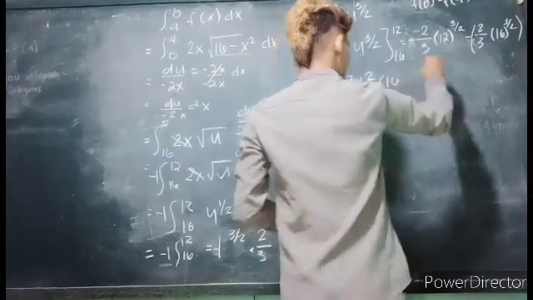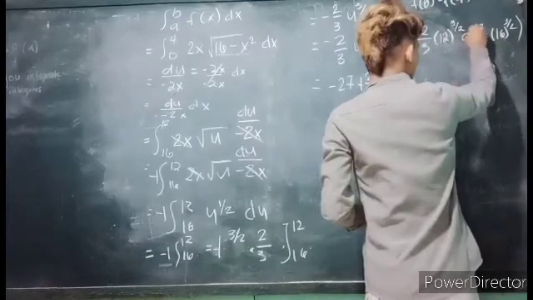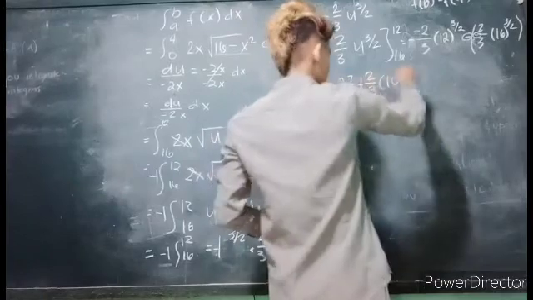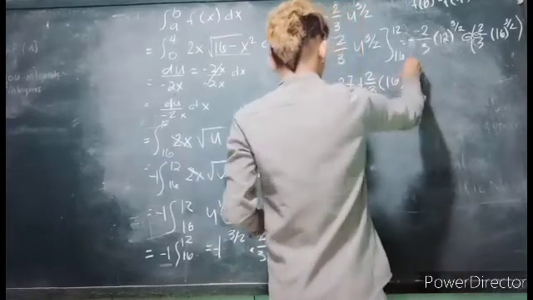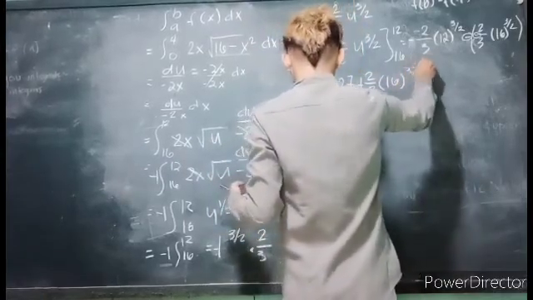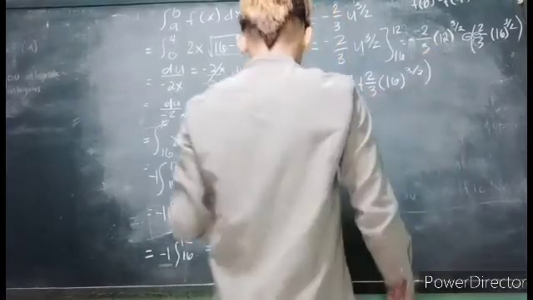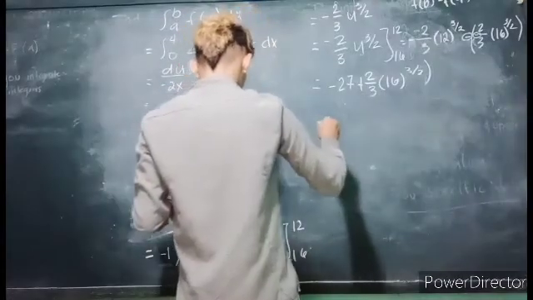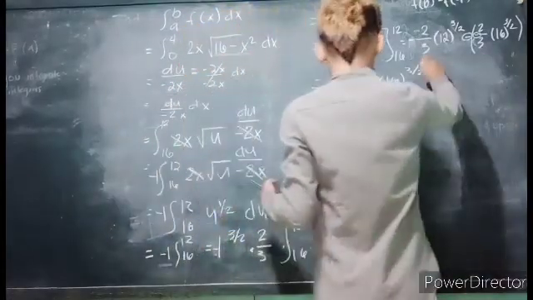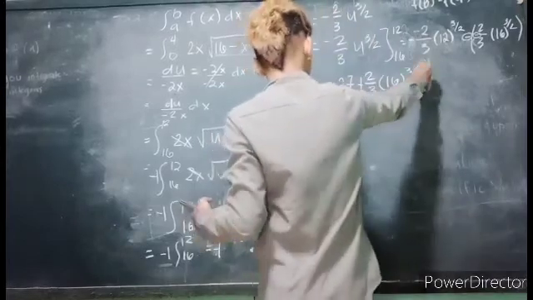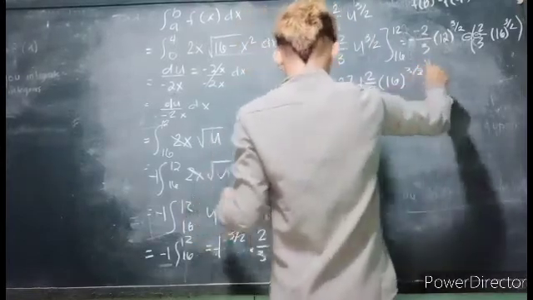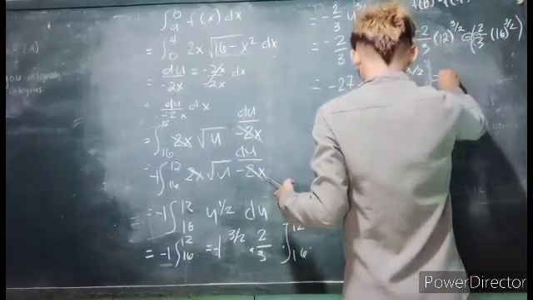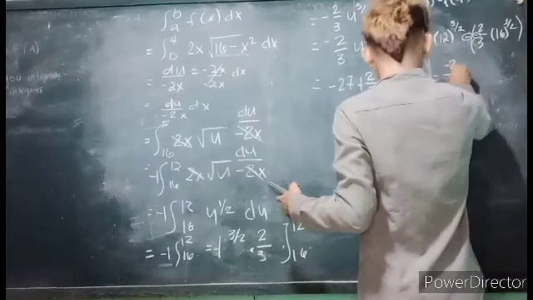So negative 27 plus 2/3, plus 2/3 copy 16. So, let's change the negative to positive. So it becomes positive 2/3 times 16 raised to 3 halves. So next, 16 raised to 3 halves minus negative 2/3.